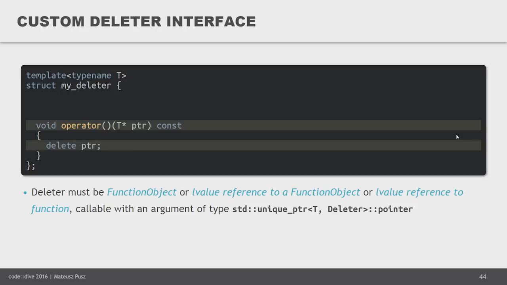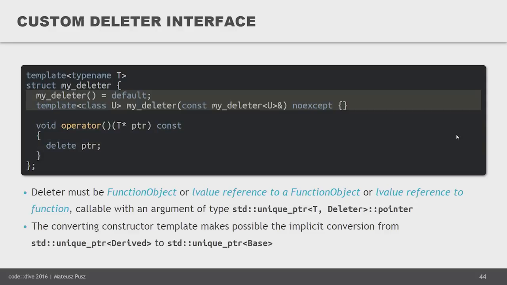And also there is a requirement for the unique pointer usage, and it's pretty handy for other use cases too, to provide a converting constructor that can convert my deleter of type T1 to my deleter of type T2. So you can use the same deleter for different types and just convert from one to another. Especially it's being used by unique pointer if you have a derived and a base class, and you want to delete one from the other.